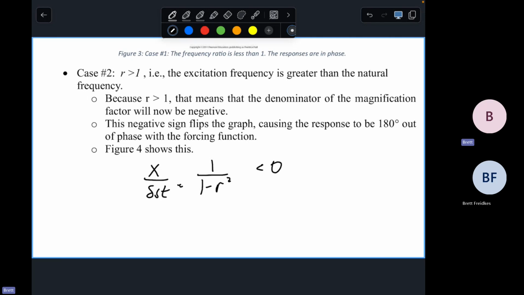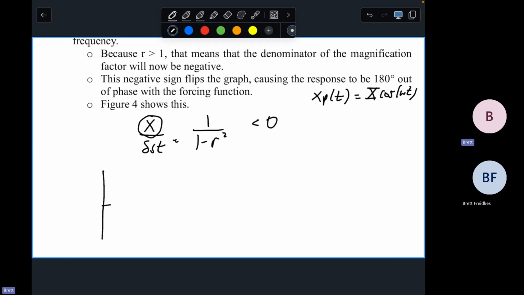It's a phase thing again. Because remember that our particular response is based on x cosine omega t. So if you normalize it just for the sake of graphing, but if you multiply by delta static, you would still get an x value. If it's negative, that means that the position will be 180 degrees out of phase compared to the force.